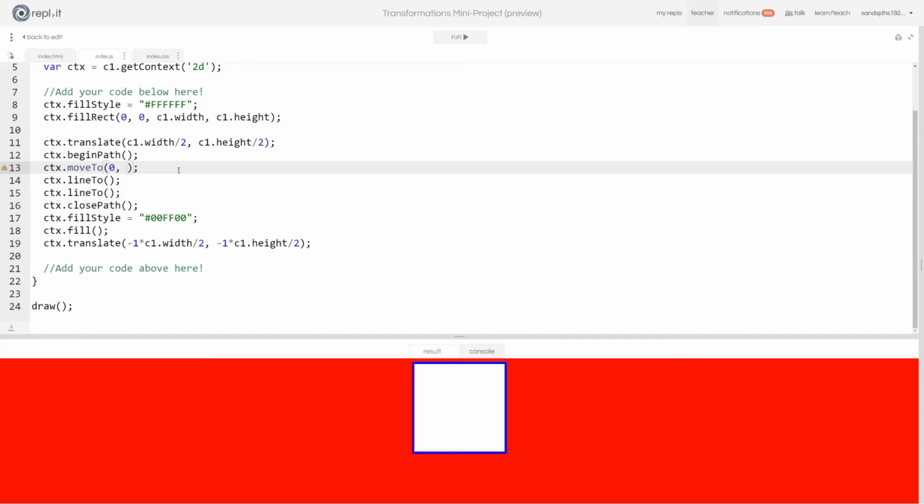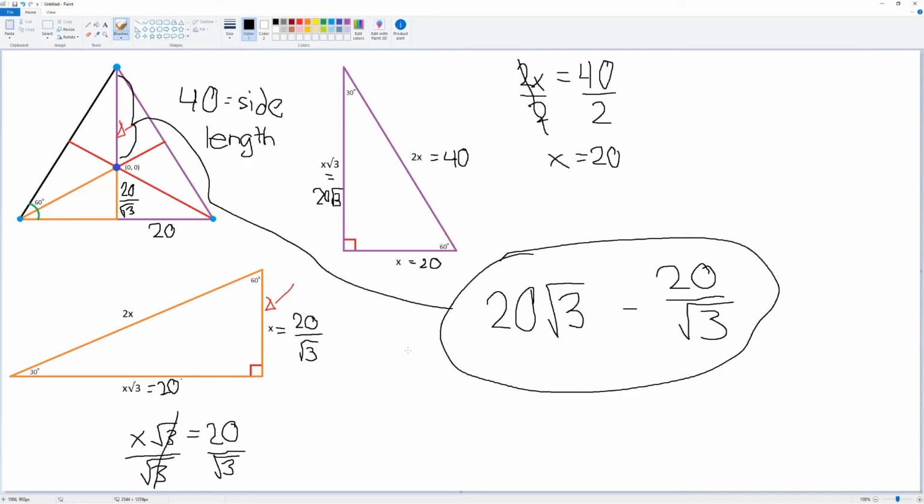And as you decrease your y, you go up. So what I'm going to do here is take this whole bit and make it negative by multiplying it by negative 1. If I do that, this becomes negative 20 times the square root of 3 plus 20 divided by the square root of 3.